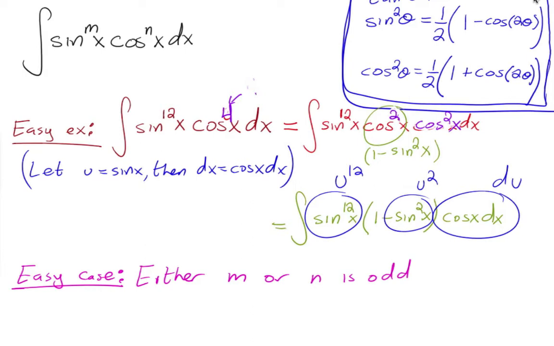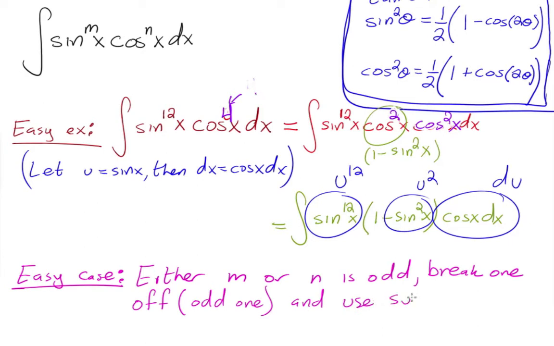You can always break off one of them, just like we did in the first part of this example. You break one off and then you just use substitution. Yes? Break one off, substitution. Okay. So if either m or n is odd, break one off from the odd one and use substitution. Okay, so that's the easy case, right?